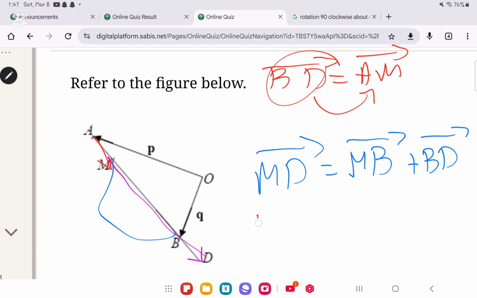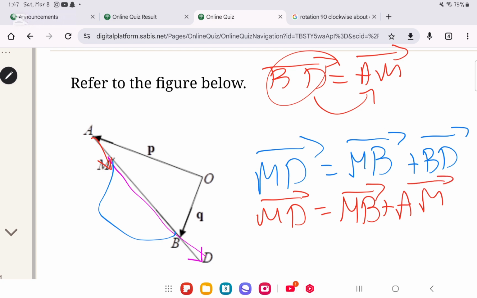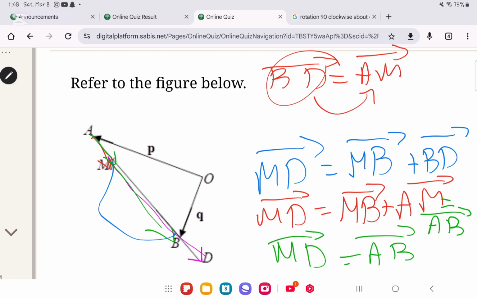Now look how easy this will become. MD is now equal to MB plus AM. And we know that MB plus AM, so this over here is MB and this over here is AM, is equal to AB. So very simply, MD is equal to AB. You see, just by solving as if they are numbers, we got that MD is equal to AB.